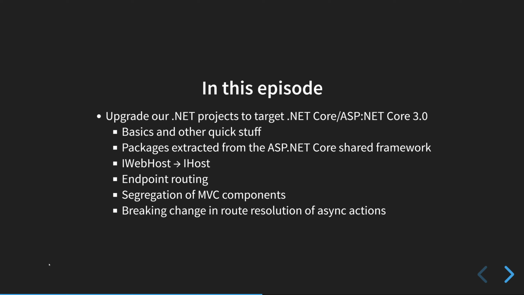We'll look at the transition from IWebHost to IHost, and endpoint routing, so the segregation of MVC components, or as the ASP.NET Core guys are calling it, Project Houdini, which is kind of making MVC disappear without removing the features. And just take a quick look at the breaking change in route resolution for async actions.